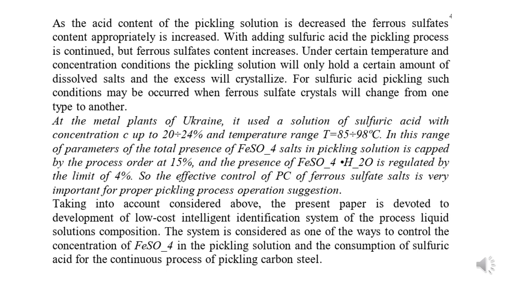In this range, the total presence of ferrous sulfate salts in the pickling solution is capped by process order at 15%, and the presence of ferrous sulfate monohydrate is regulated by a limit of 4%, independent of the regulations of the plant.